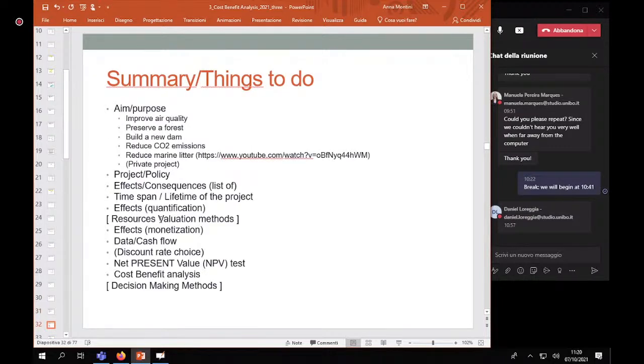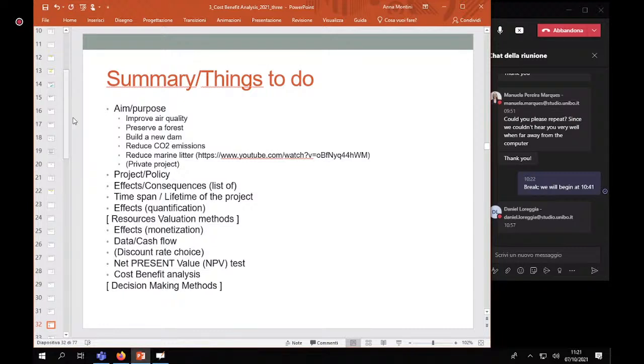Okay. So, what is the summary? What is the list of the things to do when we have a project and when we want to consider this project to decide if the project is a good project or not, and if we want to compare this project with respect to the status quo or with respect to an alternative project.